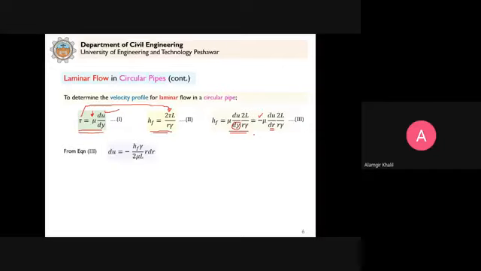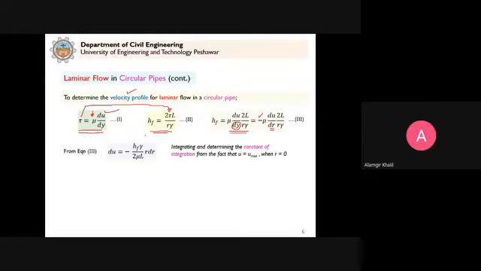Now from equation 3, if you simplify this equation, we get this. Now we have to integrate this equation, because this du represents the velocity. Our purpose is to determine the velocity profile.